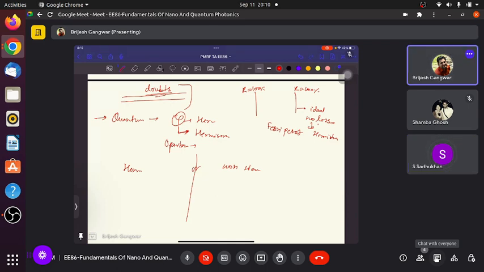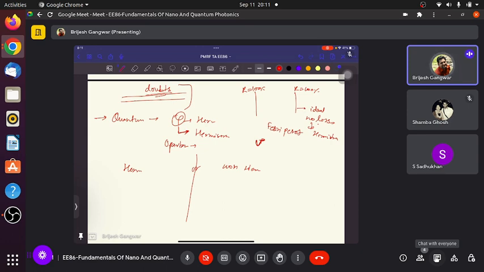If you write the Schrodinger equation and put the potential as a complex function, then your solution, which is called the eigen energy, will also be complex.